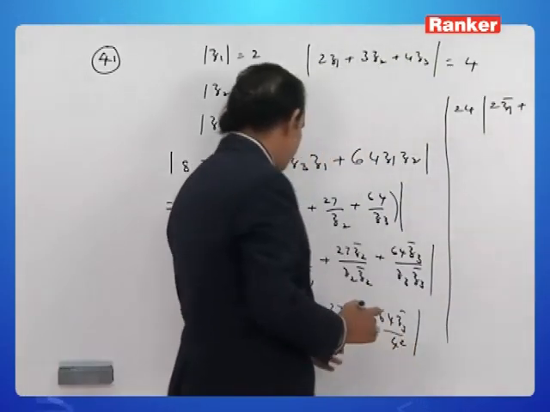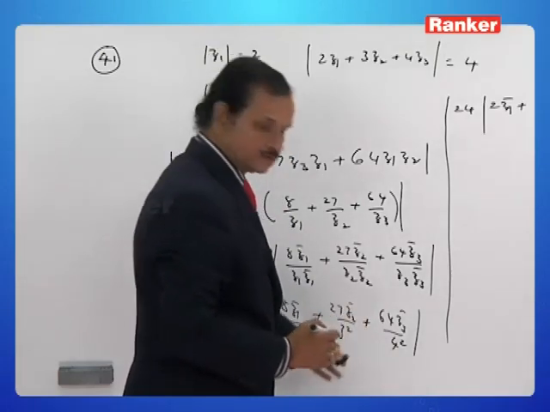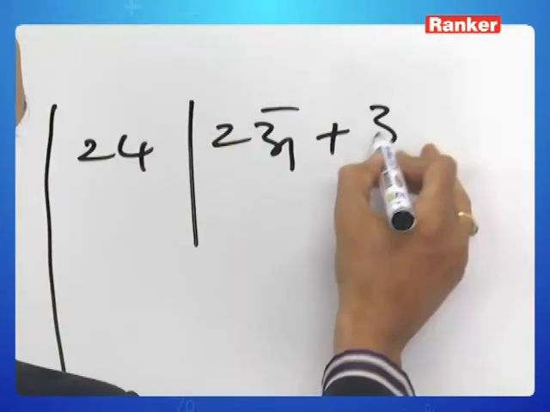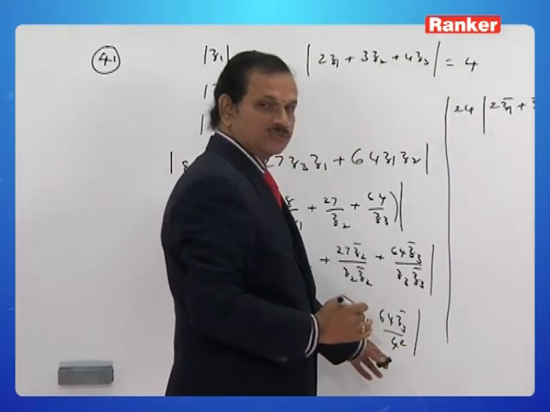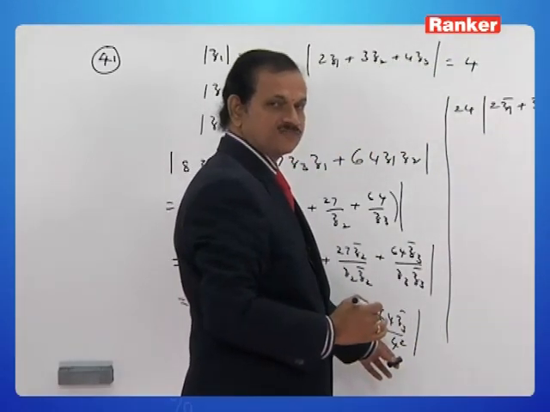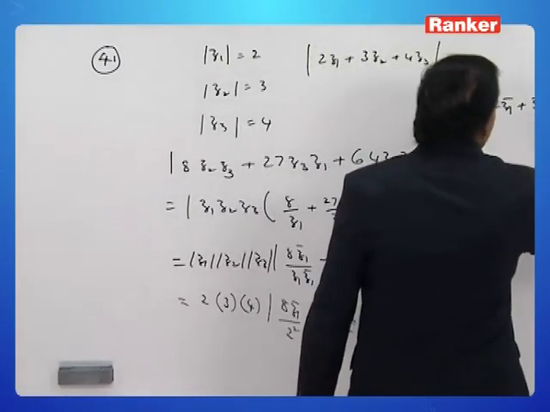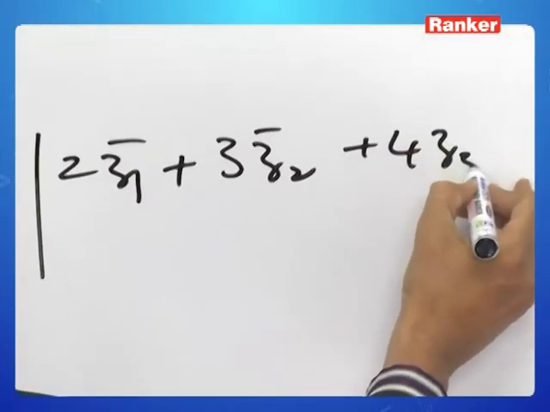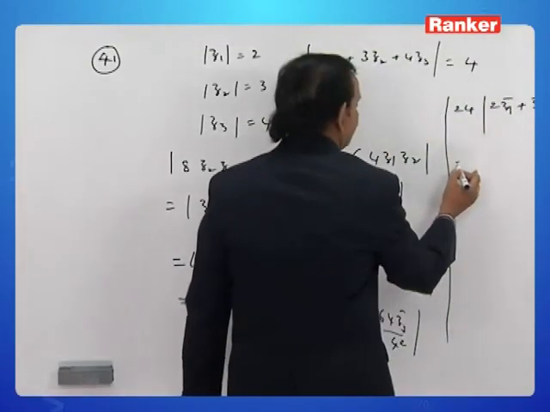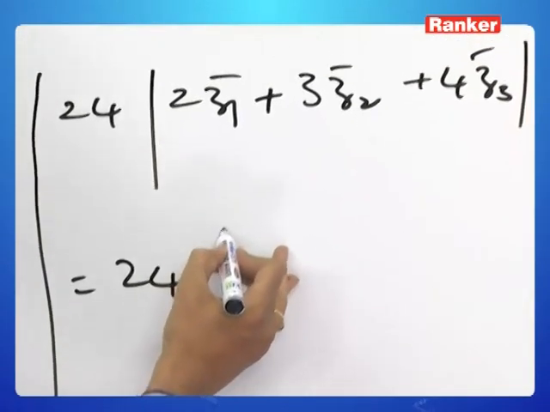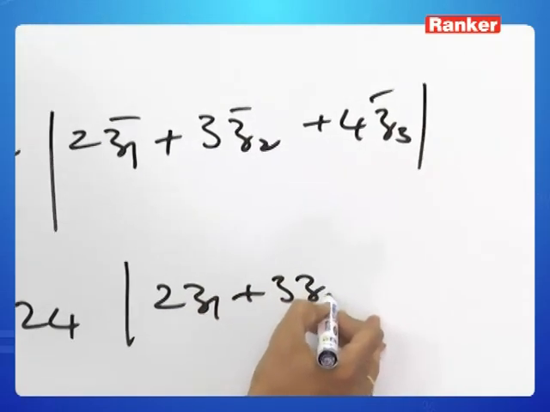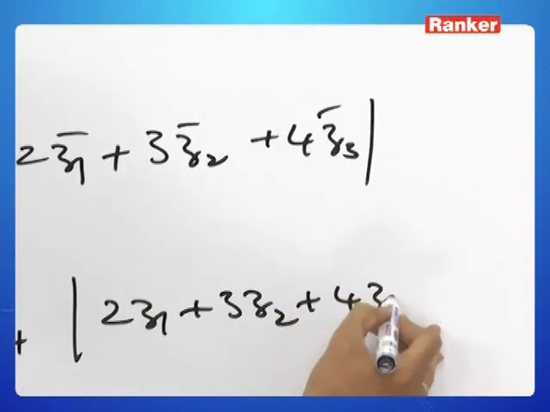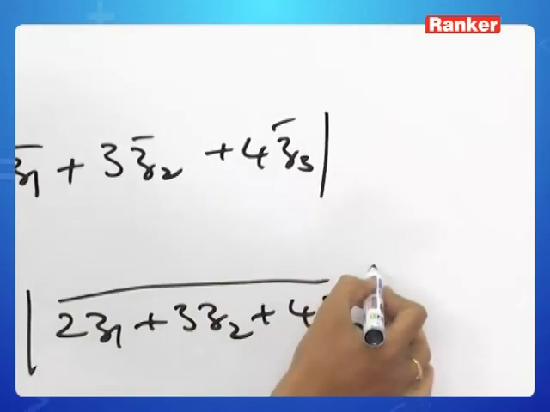Again 27 by 9 is 3, so 3Z2 bar. 64 by 16, since 4 square is 16, 64 by 16 is 4, so it is 4Z3 bar. This is equal to 24 into modulus of 2Z1 bar plus 3Z2 bar plus 4Z3 bar.